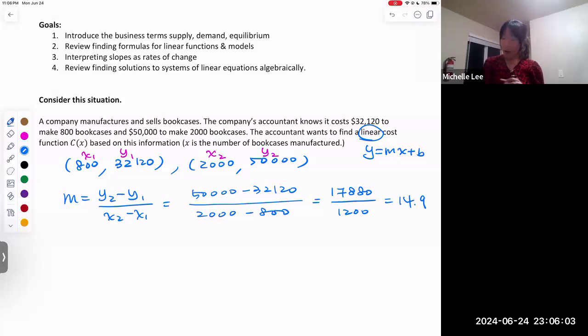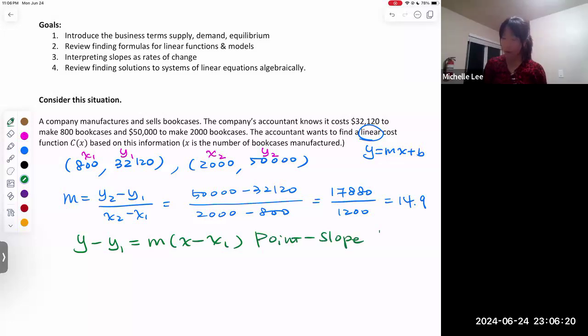So we have to find the linear equation. We have the point slope form, which is y minus y sub 1 equal to slope times x minus x sub 1. This is the point slope form. Let's pick any ordered pair here.